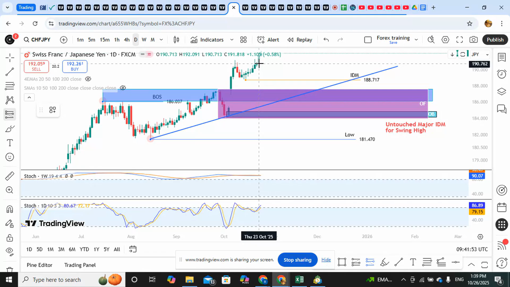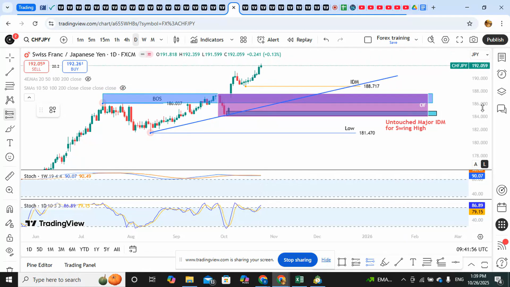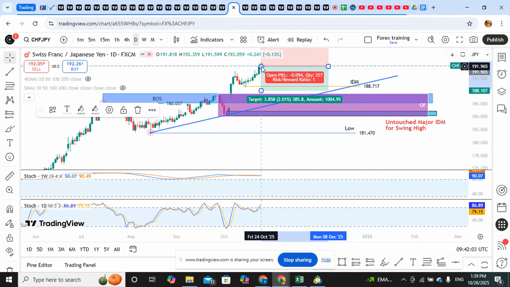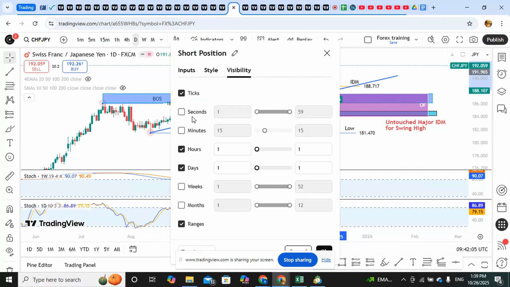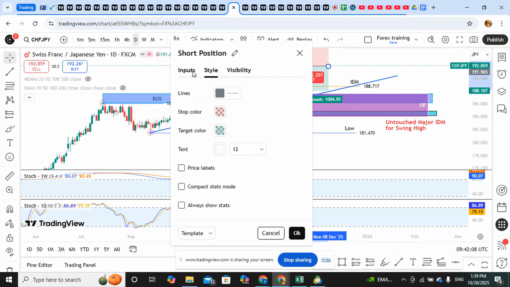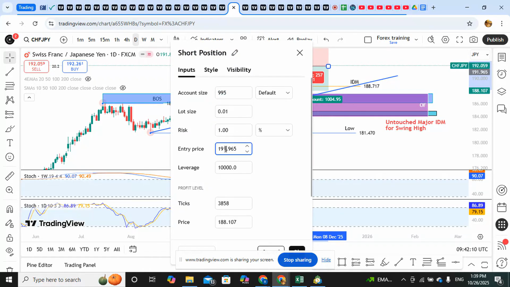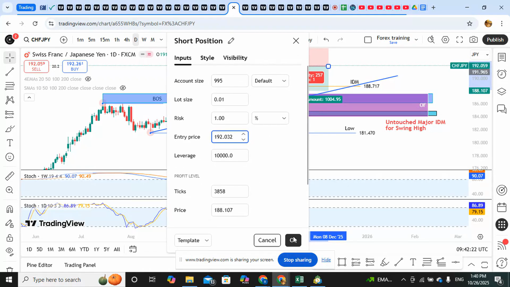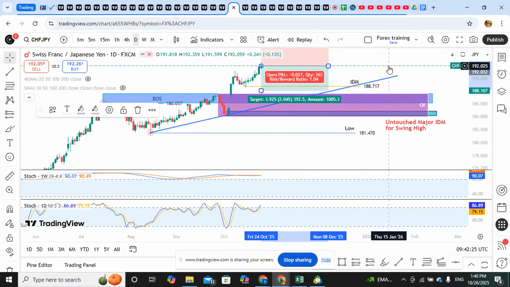So this is Thursday, wait a minute, this is Friday. And I took it at 192. Here it is, the inputs, 192.032. So this is where I took the trade.